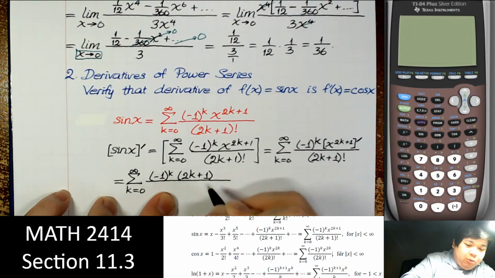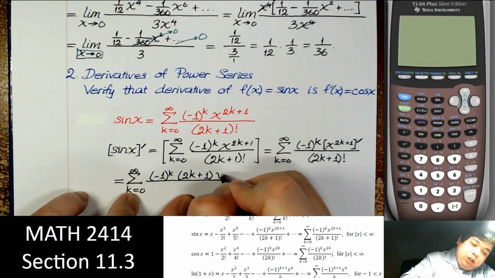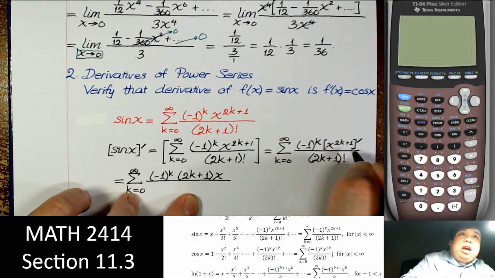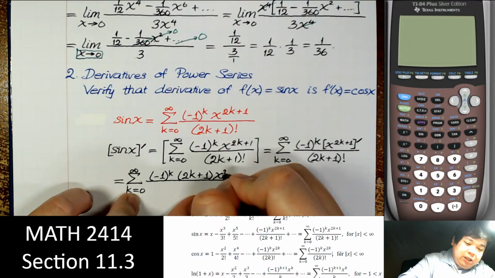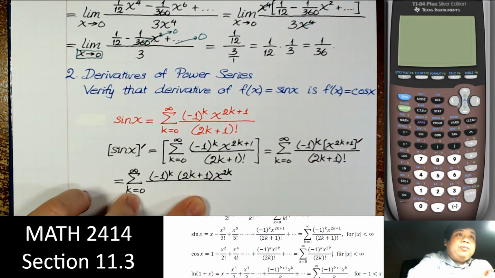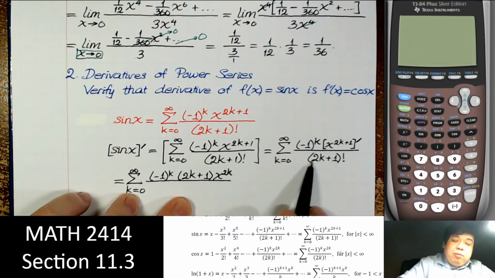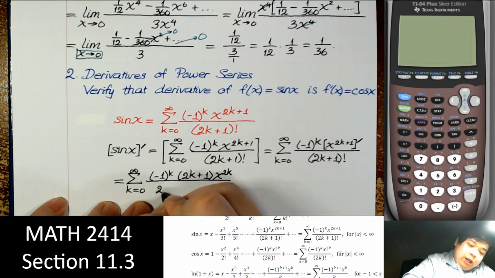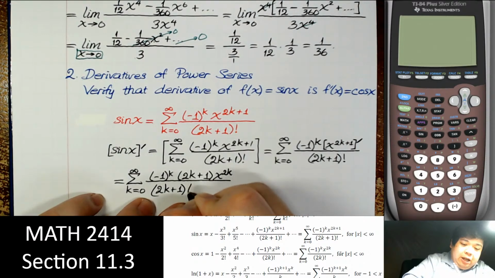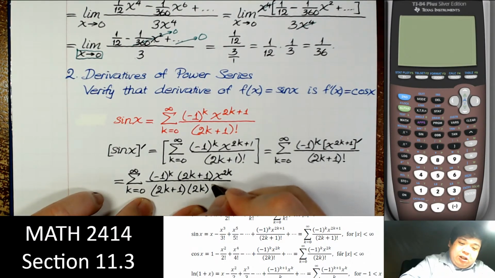Original power, bring down the power, and the original power minus 1. 2k plus 1 minus 1 is 2k. Now, the 2k plus 1 factorial is 2k plus 1 and then 2k. When we do the ratio test, we do this a lot.